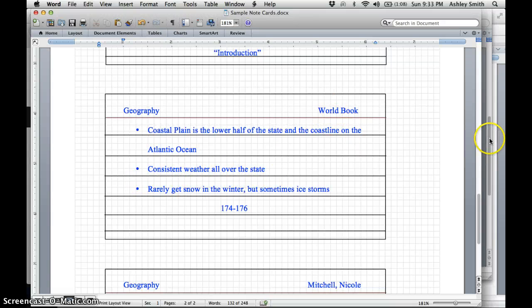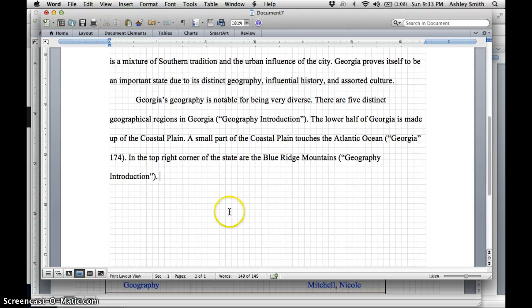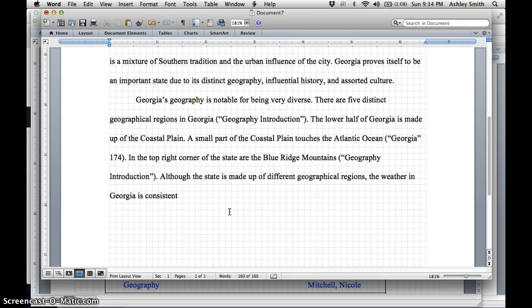So I'm back on the World Book again, the World Book Encyclopedia source. Okay, although the state is made up of different geographical regions, the weather in Georgia is consistent throughout.